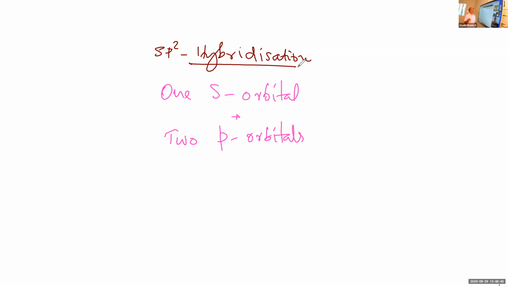After sp2 hybridization, we get three sp2 hybrid orbitals. As you know, the number of hybrid orbitals formed is equal to the number of orbitals used for hybridization. During sp2, we make use of one s orbital and two p orbitals, so totally three orbitals are used.